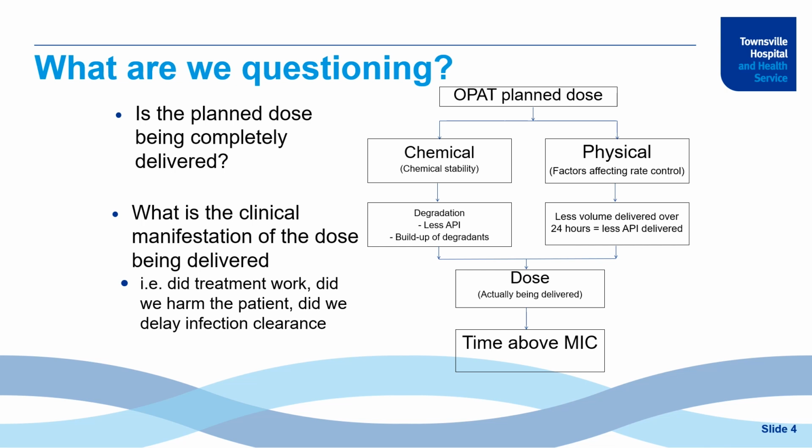And I guess the finality of all of this, and possibly the most important part, is what's the actual clinical outcomes then for the patient? Did the treatment work? So when I'm looking at papers and evidence, I ask myself, at what stage is this paper designed at? Is it a stage 1 technical study looking purely at chemical stability, or are we looking at actual clinical outcomes, which is, I guess, the most important factor of all of this?